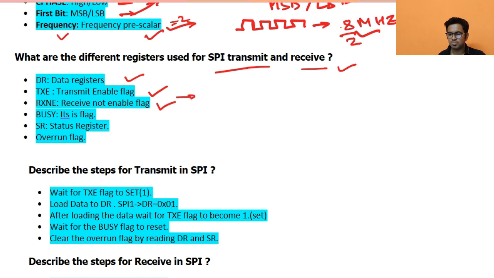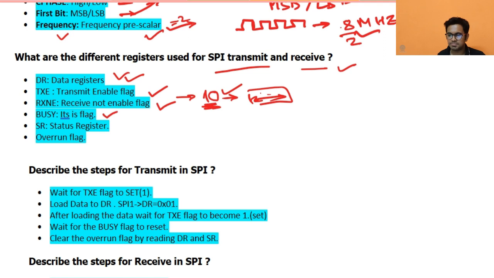If this flag is 1, then some data is present in the data register and it is not ready to receive another data, because otherwise the existing data will be overwritten. So if it is 1, the receive is not enabled. When it is 0, then you can receive the data.